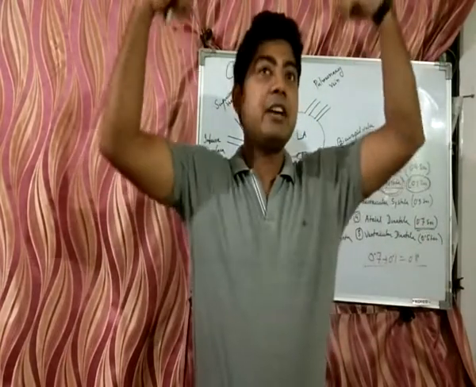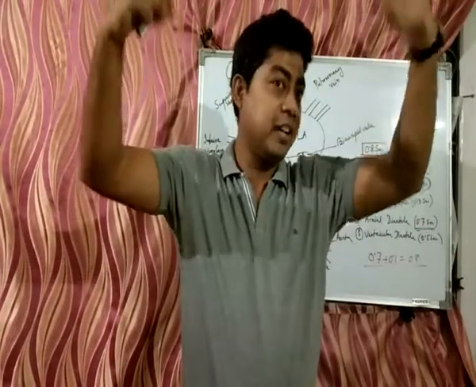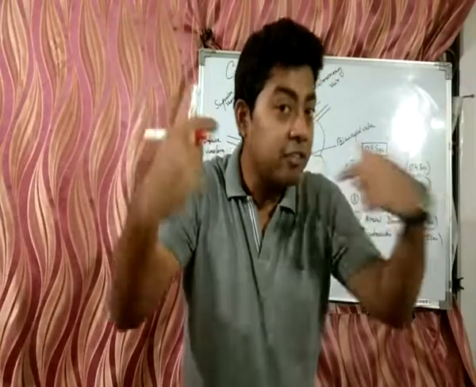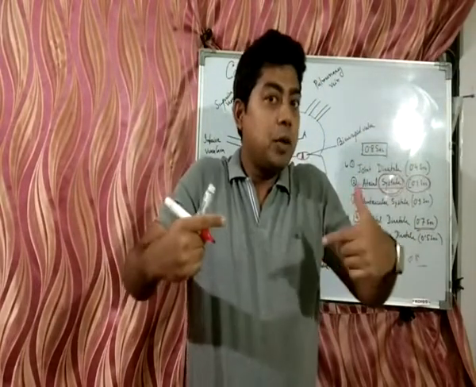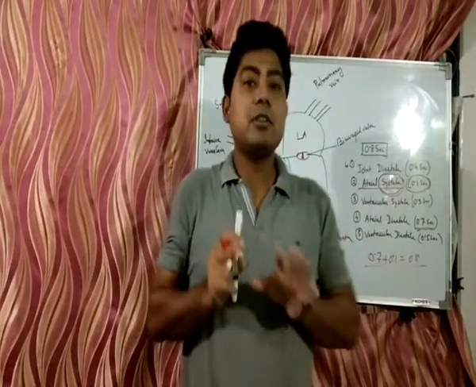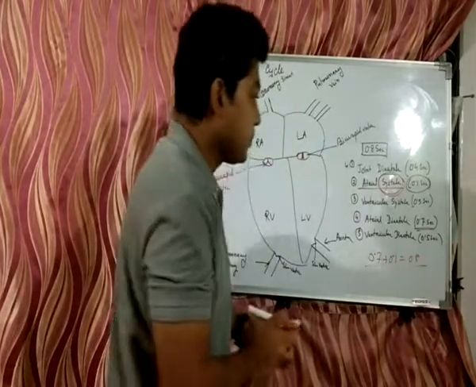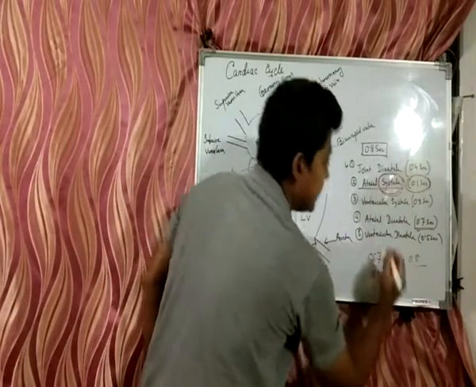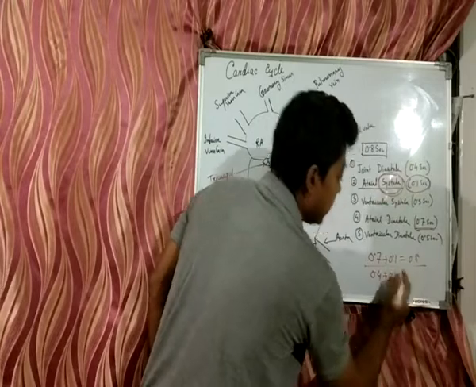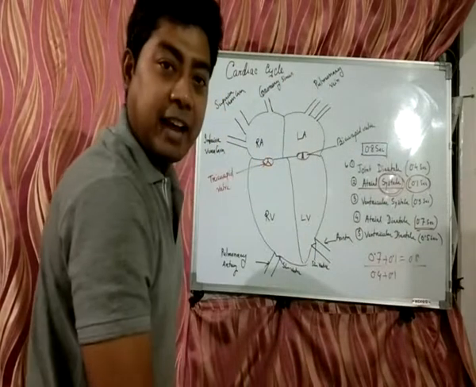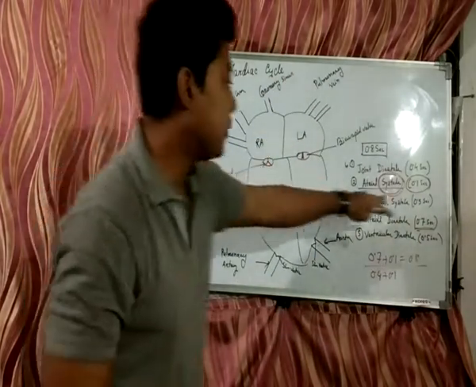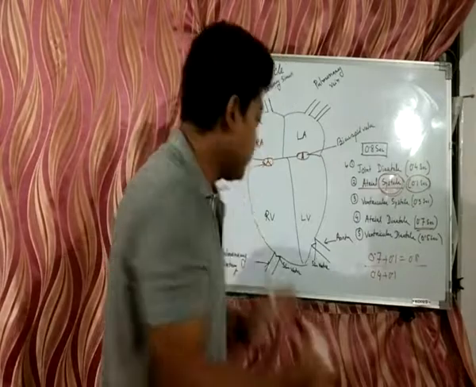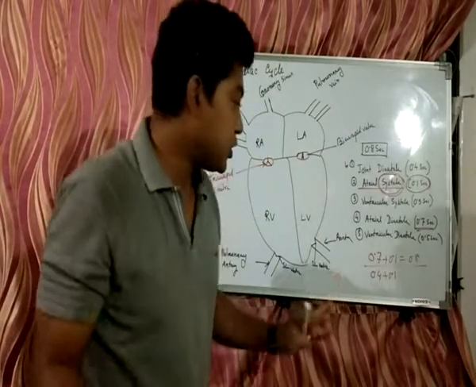And when the atria are working, in contraction for 0.1 second, for that same 0.1 second the ventricles are also in a relaxed position. So this 0.4 plus this 0.1, when the atria are in contraction for 0.1 second, at the same time the ventricles are in a relaxed position.